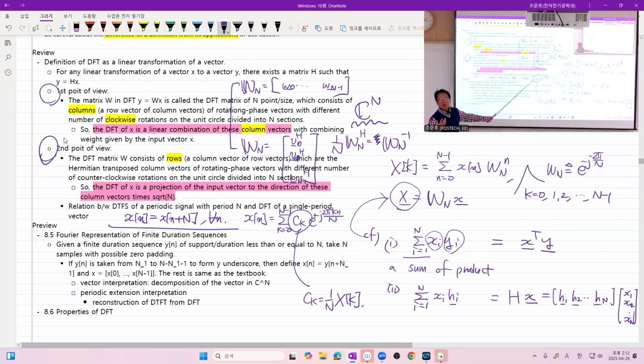By the way, our textbook has strange notation, which is not standard, and says that the Fourier coefficient is the same as the DFT, but it depends on how you define a Fourier coefficient. Anyway, you need to remember that.